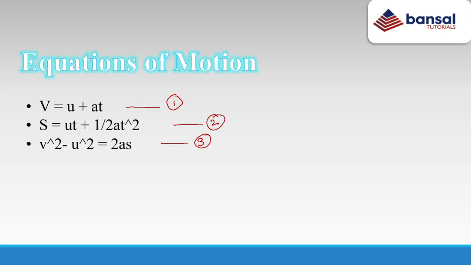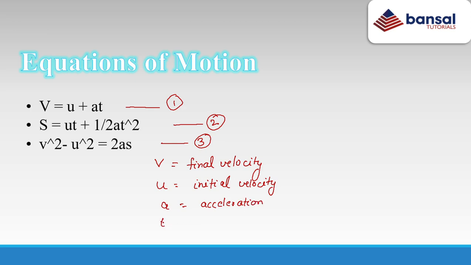So first of all, let's see what these variables stand for. V, students, stands for the final velocity. Next is u. It stands for initial velocity. a stands for acceleration, and t for time.